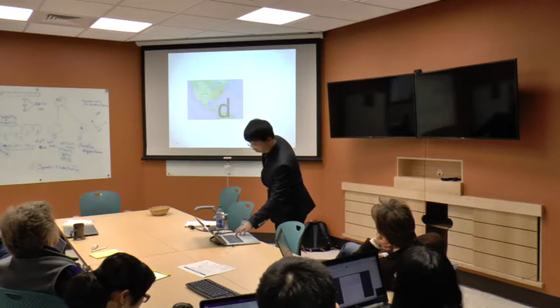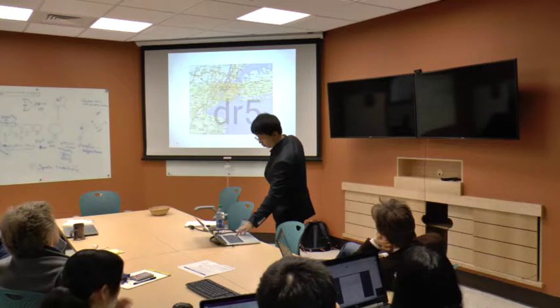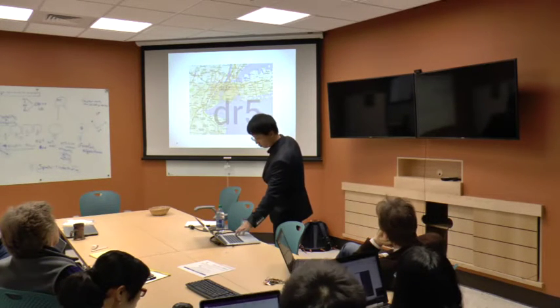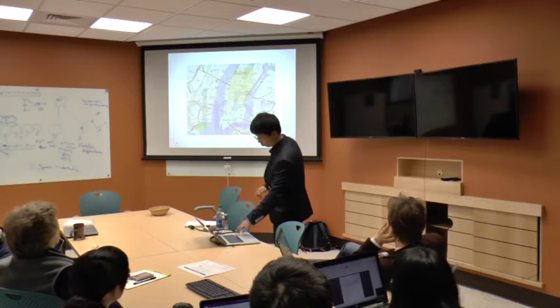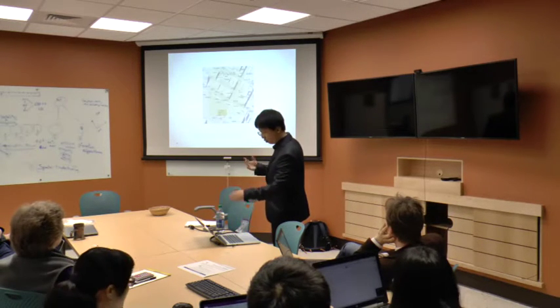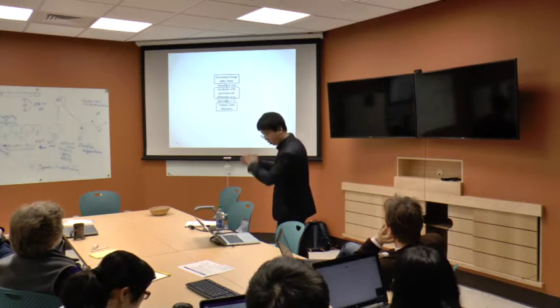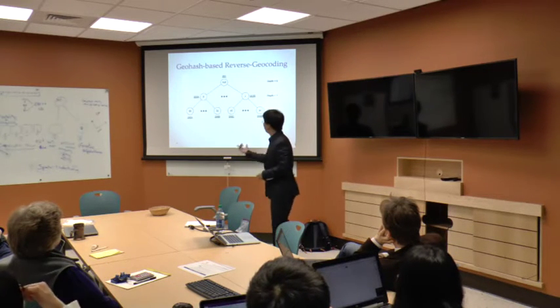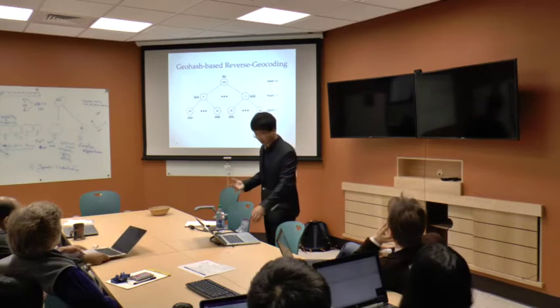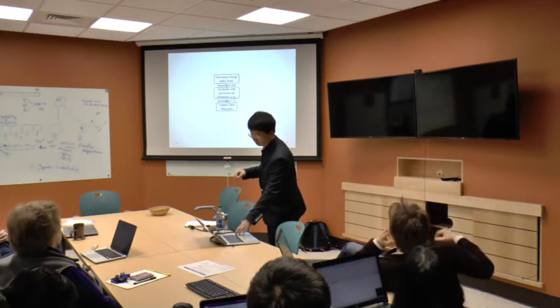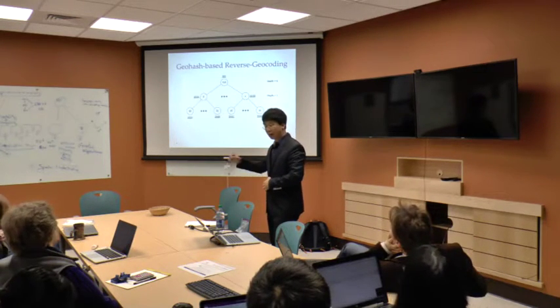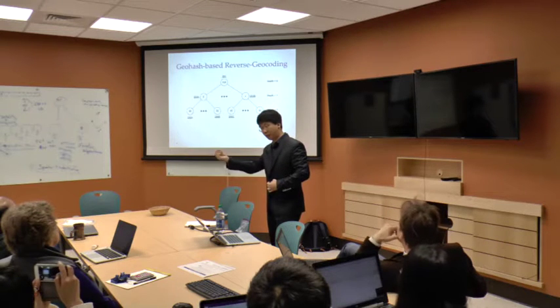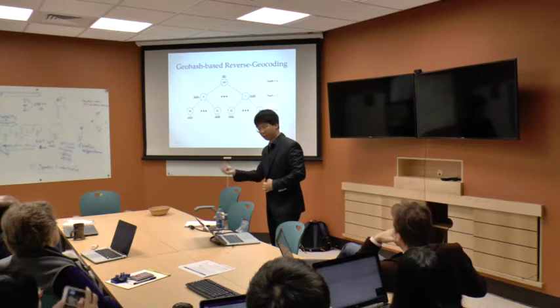And DR stands for a smaller cell. As the string gets longer, the cell gets smaller. And you can potentially build a trie structure like this. And instead of having a point-in-polygon check, you can basically do a trie lookup to get, am I in SF or am I in New York City?